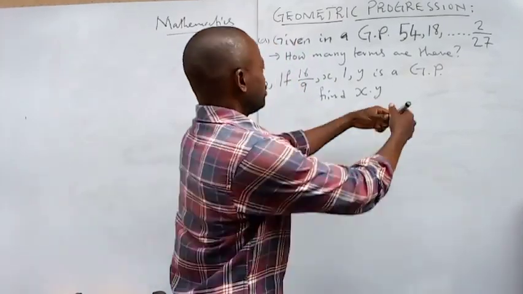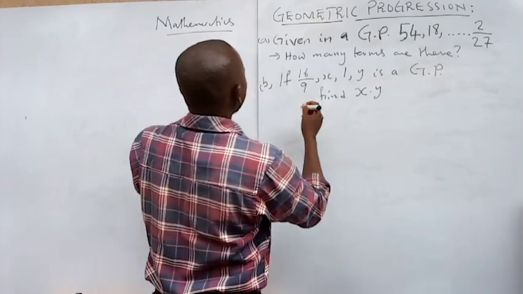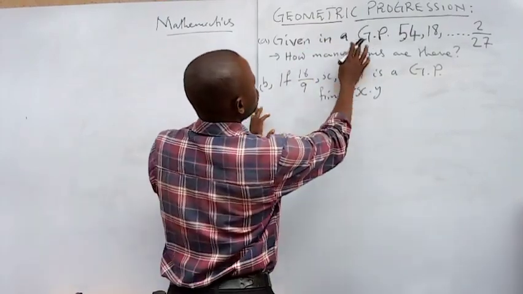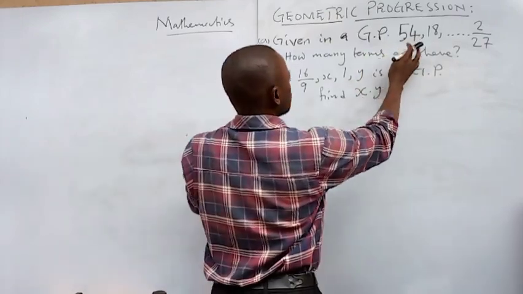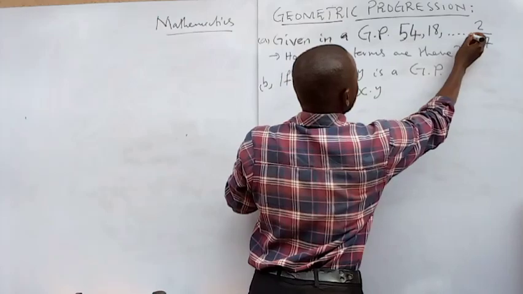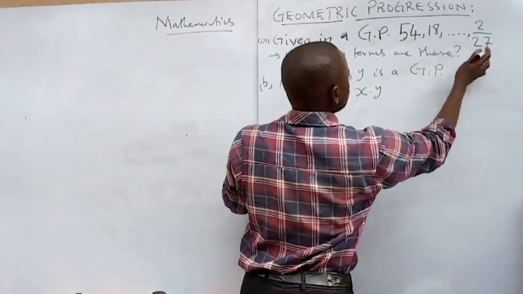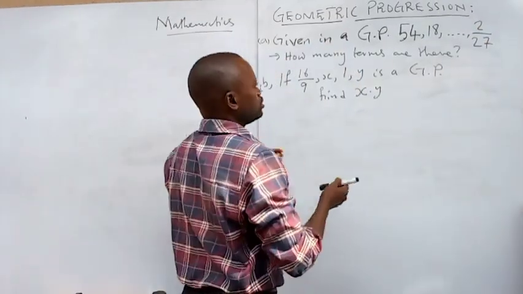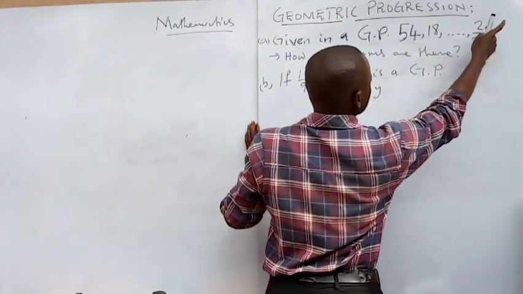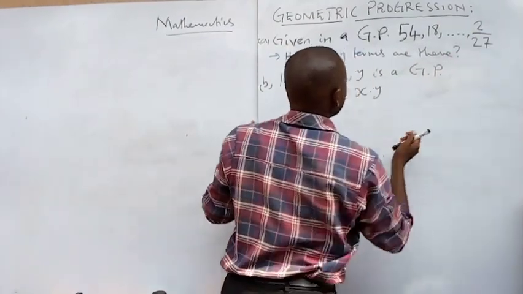All right. The first one says, given a geometric progression 54, 18, dot dot dot, to 2 over 27. The sequence started from 54, 18 until it stops at 2 over 27.